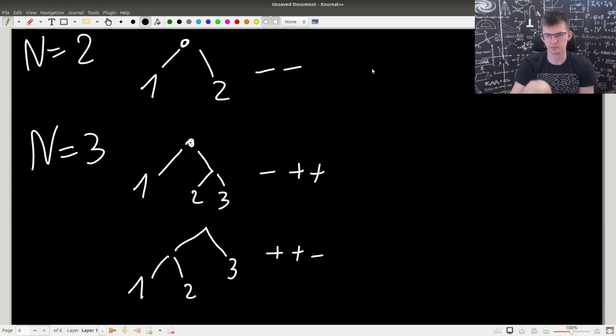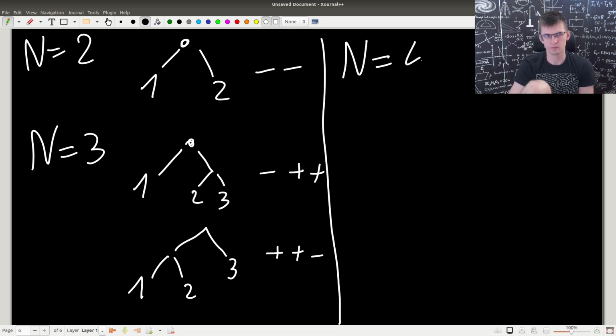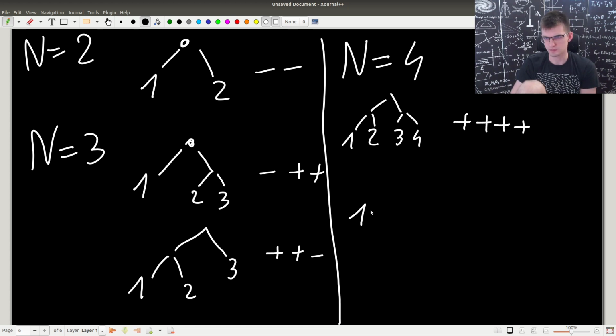Should I write down possibilities for n equal to 4? Perfect binary tree, then it's plus, plus, plus, plus. This is minus, plus, minus, minus. And, well, a few more.